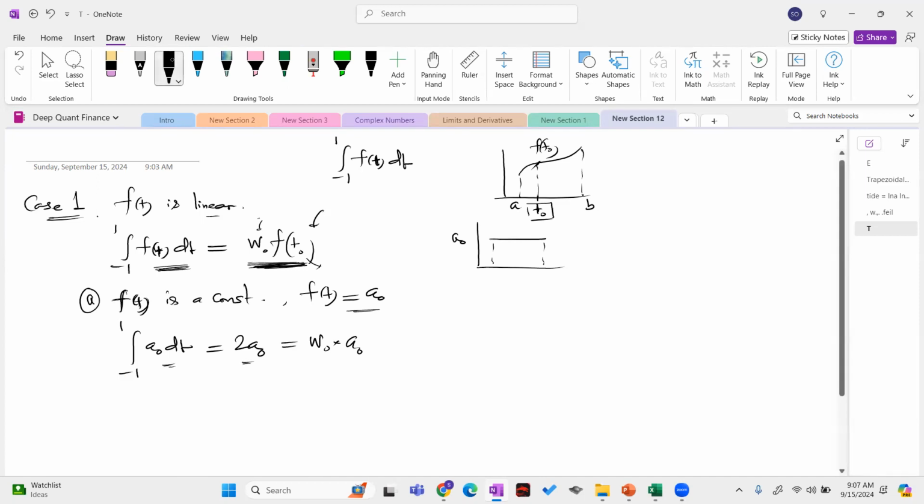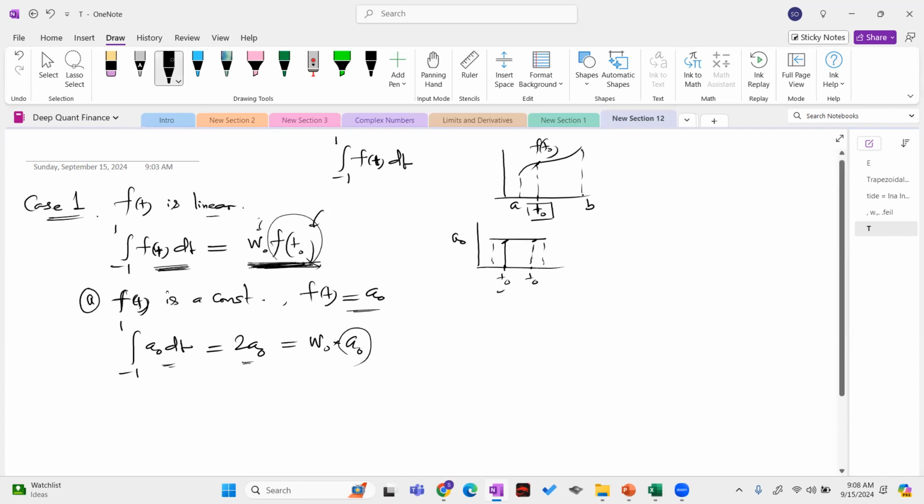The true integral value is 2a0. a0 will come out, then the integration of dt is t. Apply the upper limit 1 minus -1, which is 2, so 2a0. This must match my specification, which is w0 times f(t0). f is a constant function, so no matter where you choose t0, here or here, the value of the function is always a0. So f(t0) is a0, times w0.